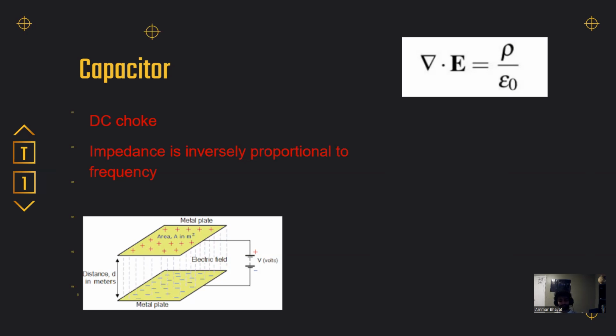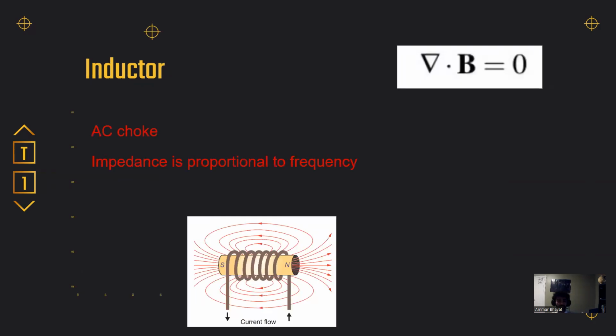And just the fact that there is no direct contact, we could see that our resistance is going to be infinity at a low frequency, right? Like no electrons can flow through, but as you start jiggling, as you start adding some frequency, now we could get some impedance. So essentially, impedance is inversely proportional to our frequency. And then we have our inductor, which is mathematically kind of like the opposite.